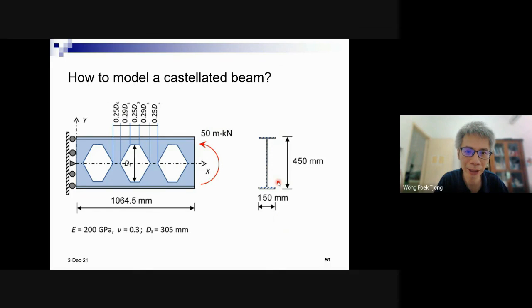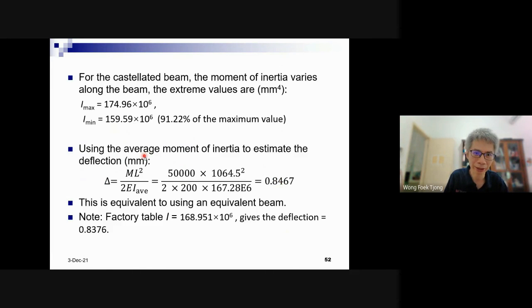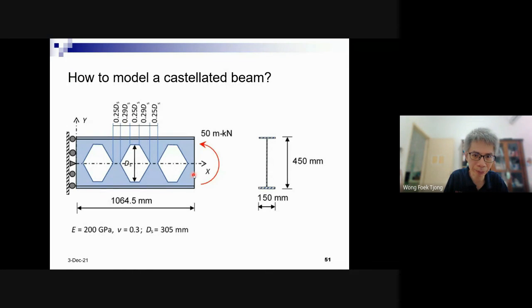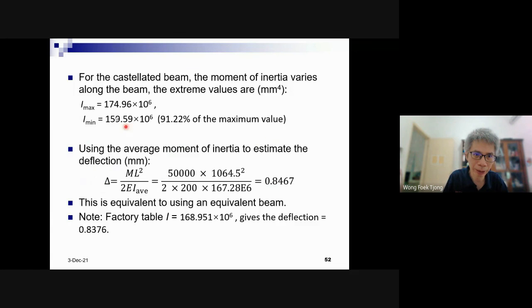I think finite element will be better than exact solution because there is no exact solution. What we can do is just to predict, right? This is not exact because for this problem, the moment of inertia of this beam is not constant, it's varied. So this is the minimum and maximum moment of inertia. How to calculate the deflection? Can we use this formula? Actually, we cannot. But just a prediction.